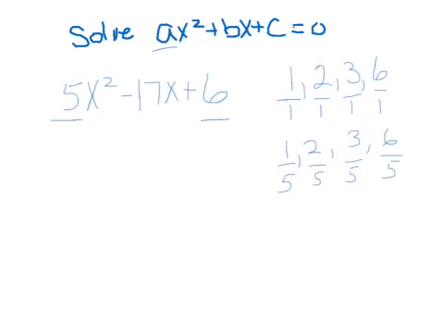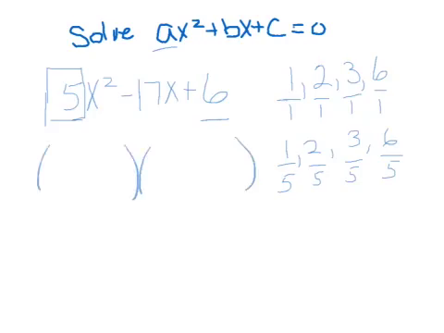So I have to make a fraction with all of these, with denominators equal to the factors of that a. So I have twice as many possibilities now: 1, 2, 3, 6, or these fractions, 1/5, 2/5, 3/5, or 6/5.